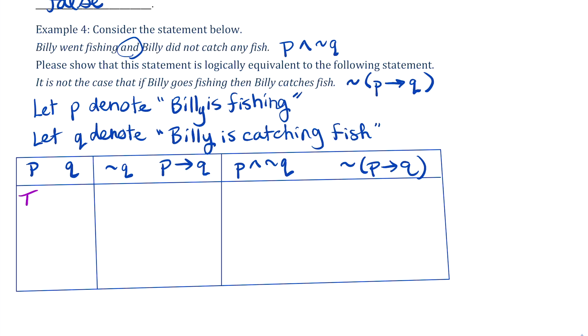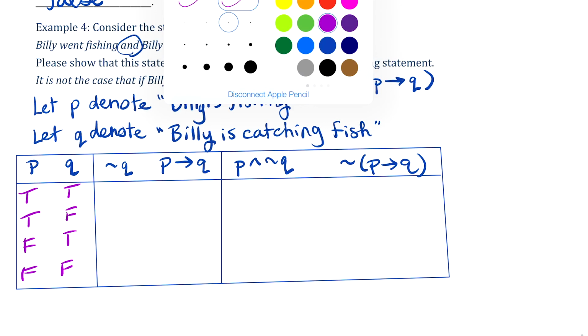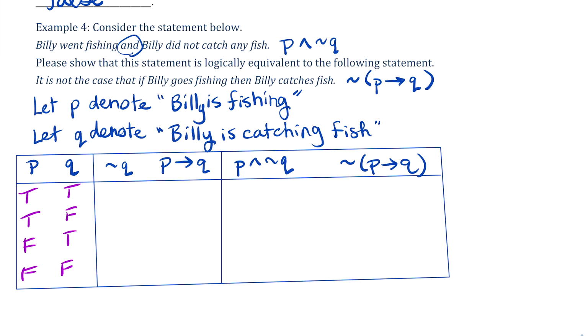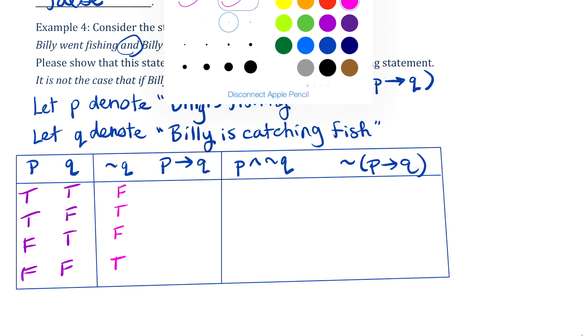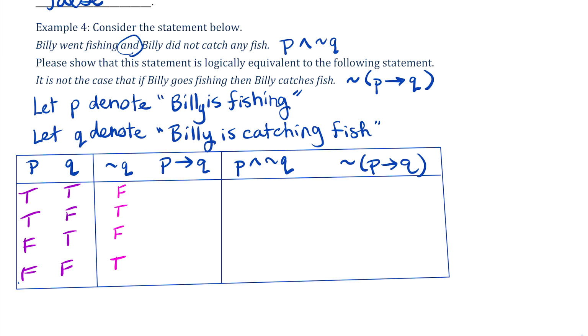So, true, true, true, false, false, true, false, false. So, not Q will be what? False, true, false, true. P implies Q will be true, true, true, true, false, false, and then the last two must be true.